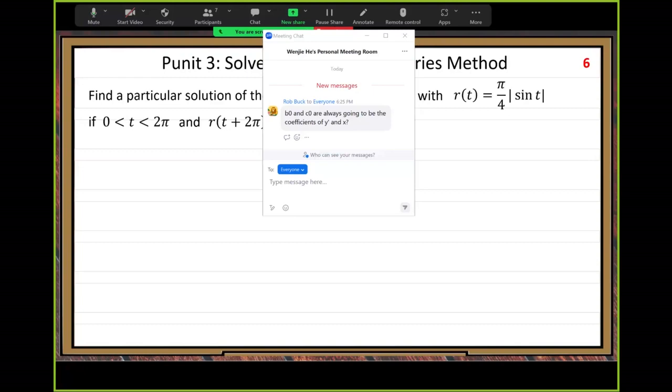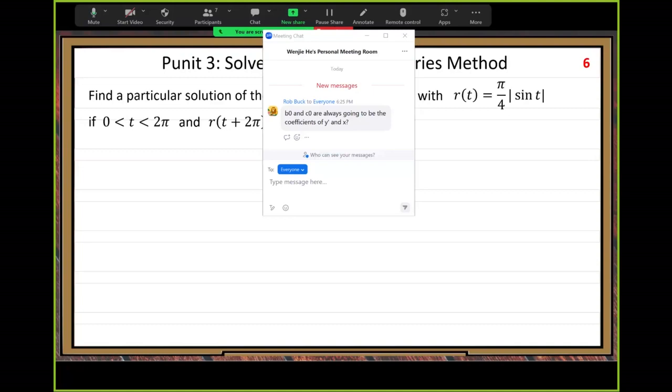Homework question, it looks familiar. But I also changed the interval. In our homework question, the interval for t was between negative pi and pi, right? And here I changed the interval from 0 to 2 pi.